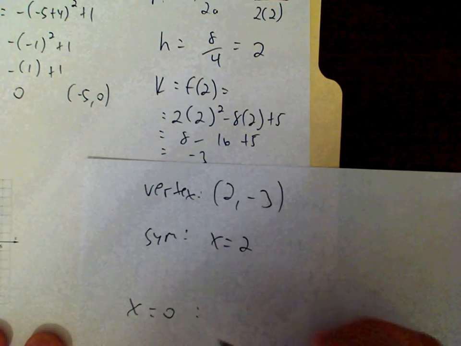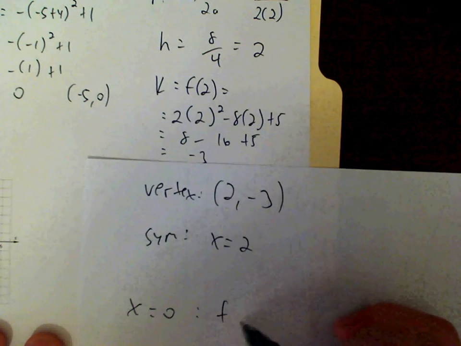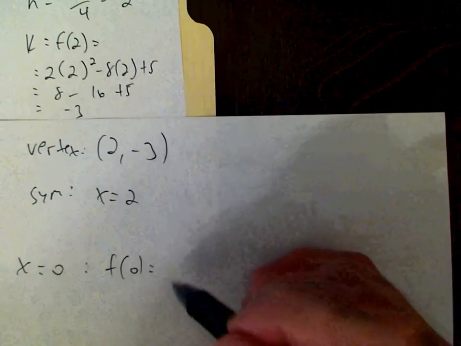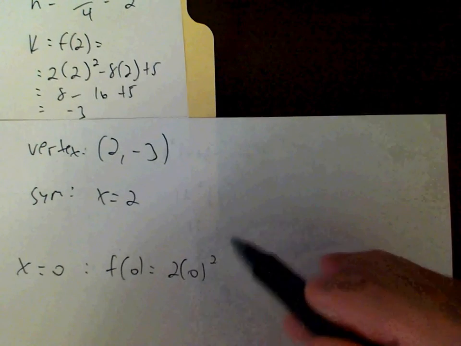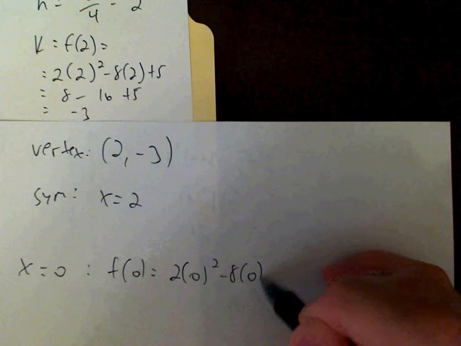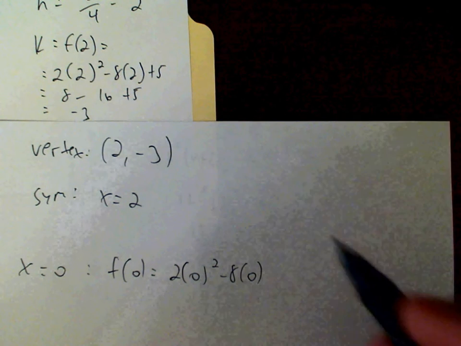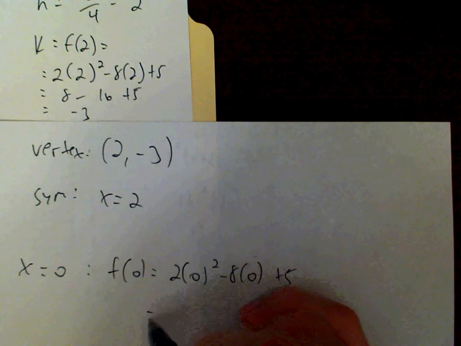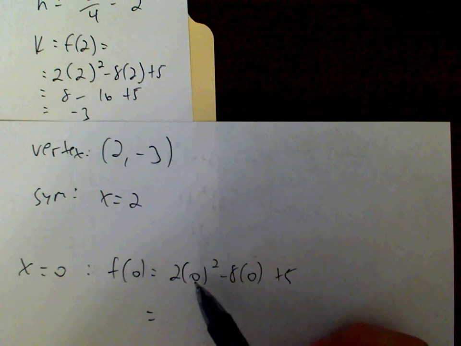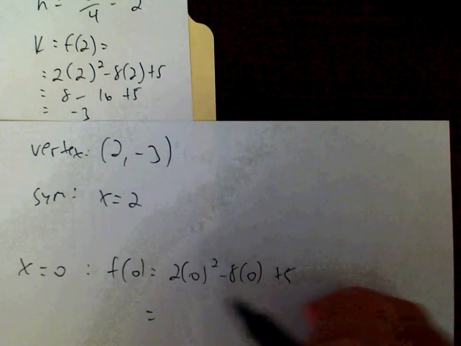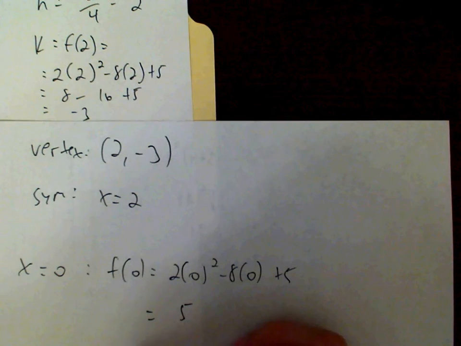Substitute that into the original problem. 2 times 0 squared minus 8 times 0, and then plus 5. Good thing about 0 is these all end up being 0. 0 squared is 0, 0 times 2 is 0, 8 times 0 is 0, 0 plus 5 is 5. So we have that point 0 comma 5.